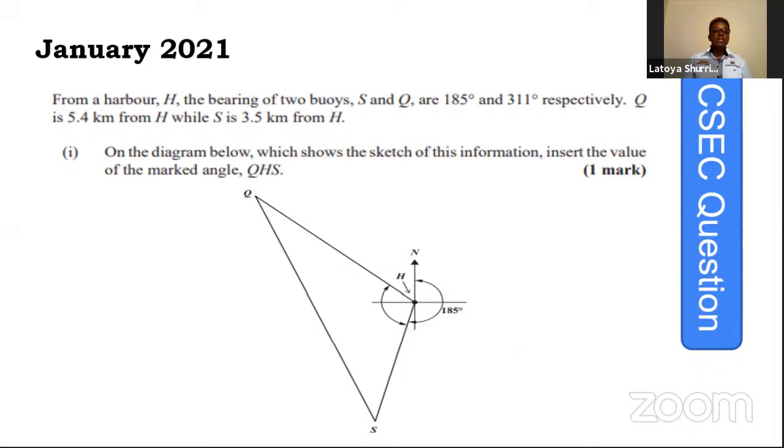But as you can see, there are quite a few angles being formed at the point H. So where exactly? Miss, can you demonstrate using your cursor where exactly the angle QHS would be formed, please? And I'm seeing Micah saying in the triangle. Fabulous. Thank you, Micah.